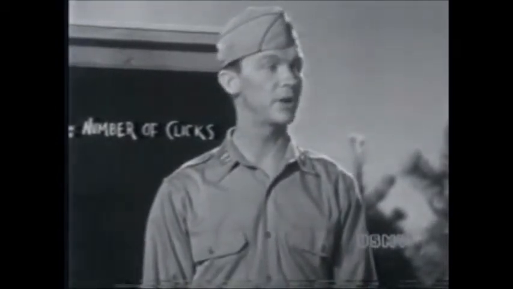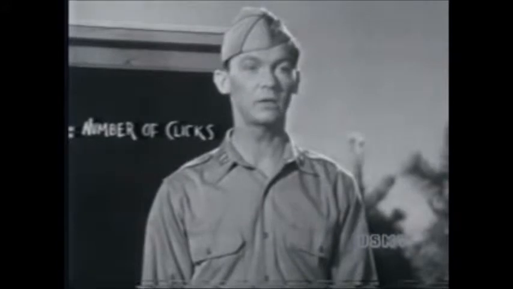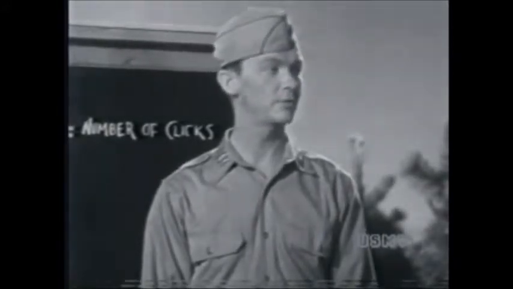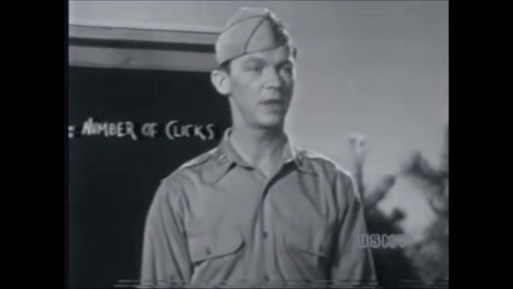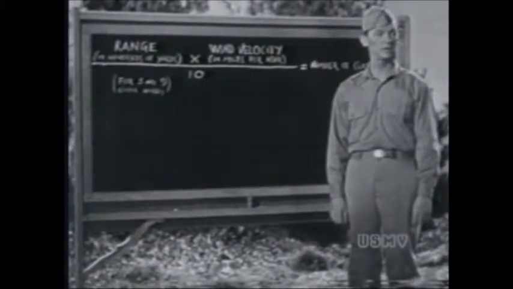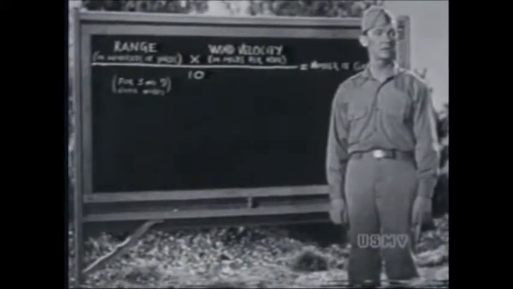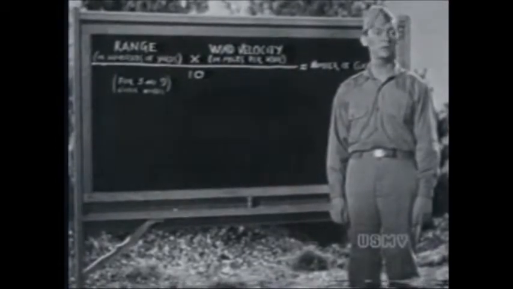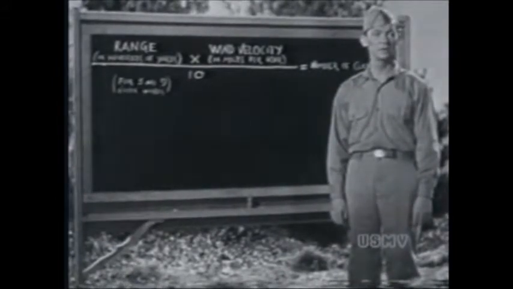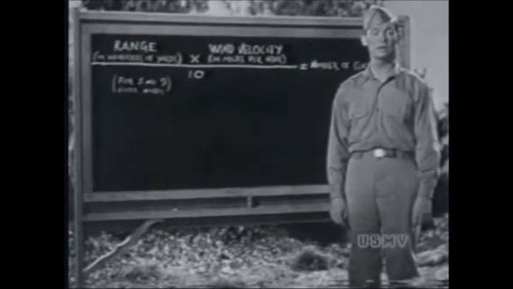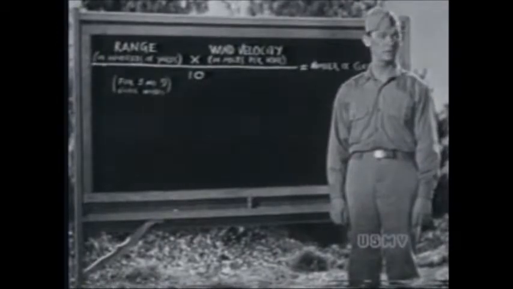It'll turn out to be some perfectly harmless number like 8, or 12, or 18, or 20. So, relax. That whole business, the range in hundreds of yards times the velocity of the wind in miles per hour, is going to turn out to be easier than the arithmetic you did in school when you were 10 years old. It'll be about as hard as multiplying 3 times 15.